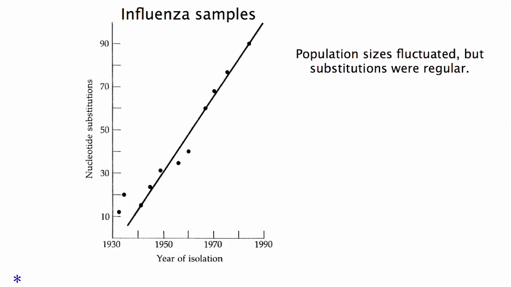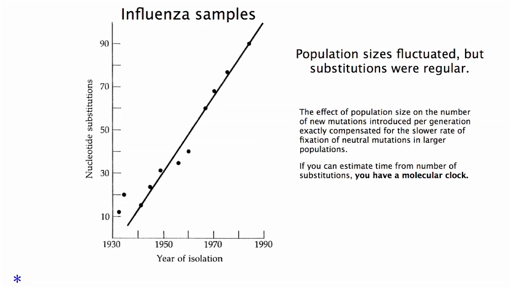Now, over this time, population sizes fluctuated. They fluctuated hugely. There were big flu epidemics, and then immunity built up, and the population of viruses became much smaller, and then it came back again. However, look at the regularity in the substitution rate. It's quite linear.